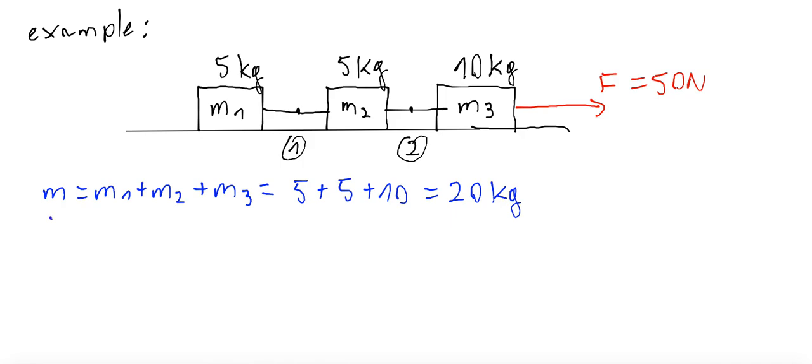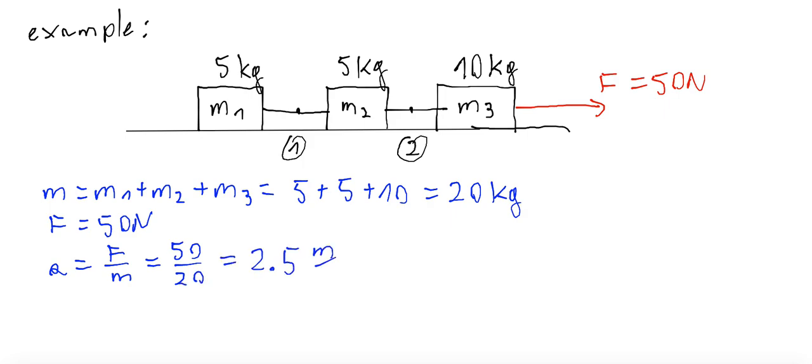We know force acting on whole system is 50 newtons, so by using second Newton's law of motion, we are able to calculate acceleration of the system. It's 50 divided by 20, which results in 2.5 meters per second squared. Okay, so all of these masses, mass m1 and mass m2 and mass m3, accelerate to the right with acceleration of 2.5 meters per second squared.